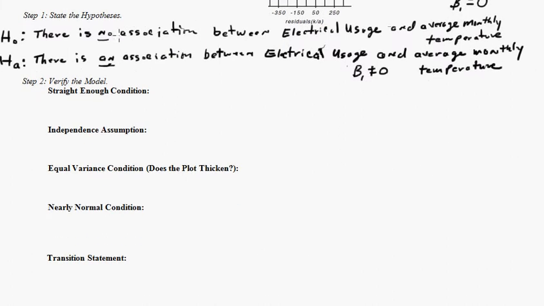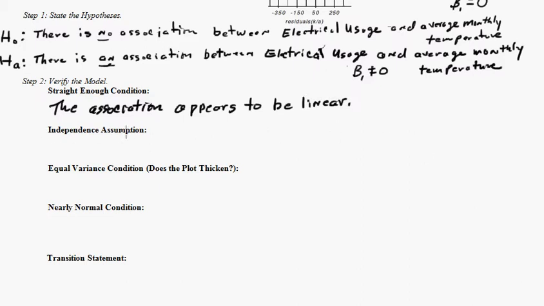So here we're just going to say something as simple as the association appears to be linear. Okay, we're not going to go too much further than that.